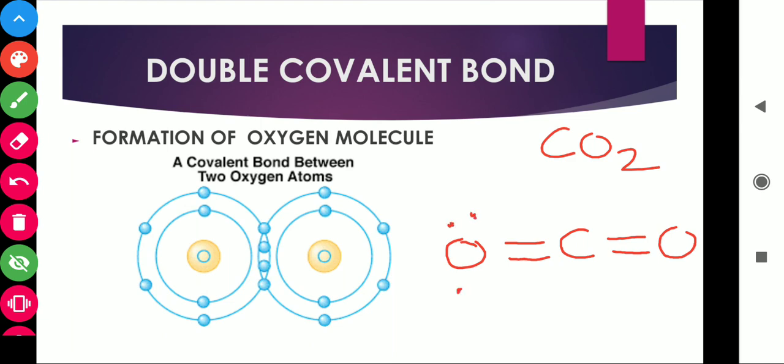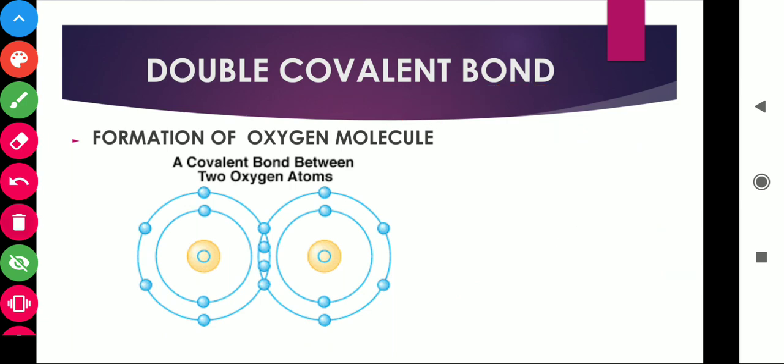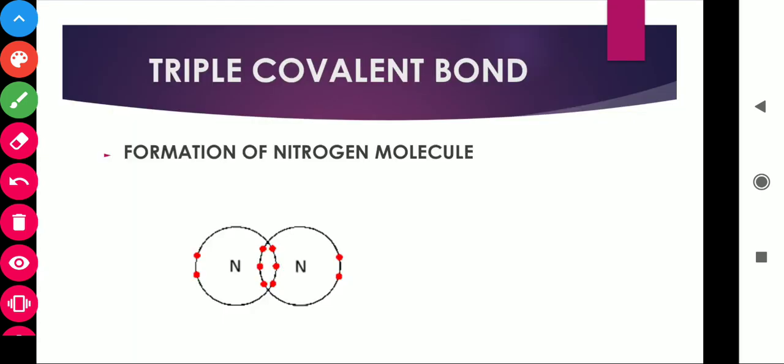Remaining 4 are here, 1, 2, 3, 4, 1, 2, 3, 4. Means here also a double bond is present. In this way, we can conclude when a covalent bond is formed by the sharing of 2 electrons, that is called a double covalent bond.